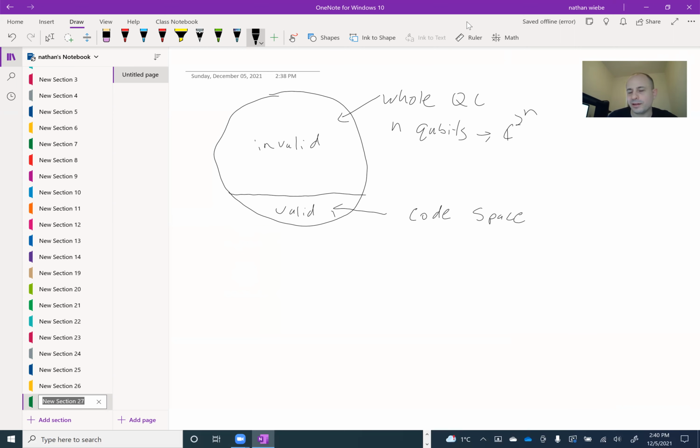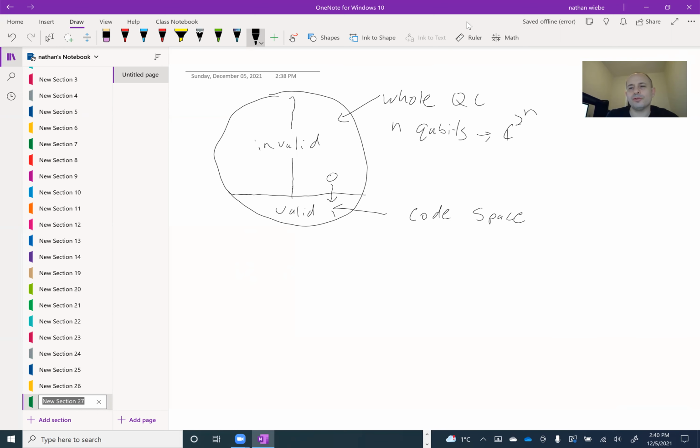And the basic idea behind quantum error correction is that we'd like to be able to divide our space up in such a way that we can detect whether a state is in the invalid space and come up with an algorithm for mapping that invalid state back to the nearest valid state.